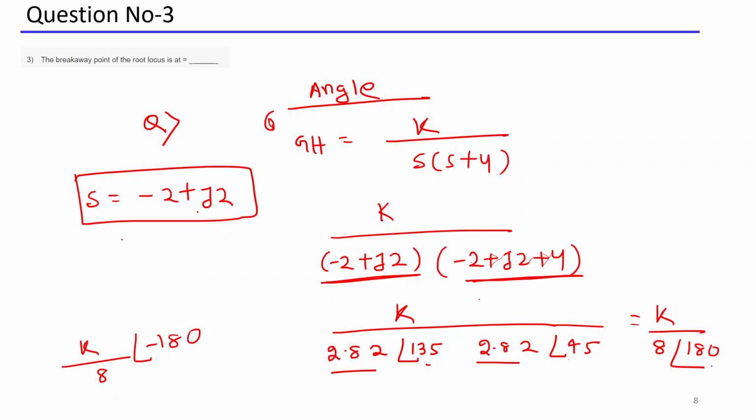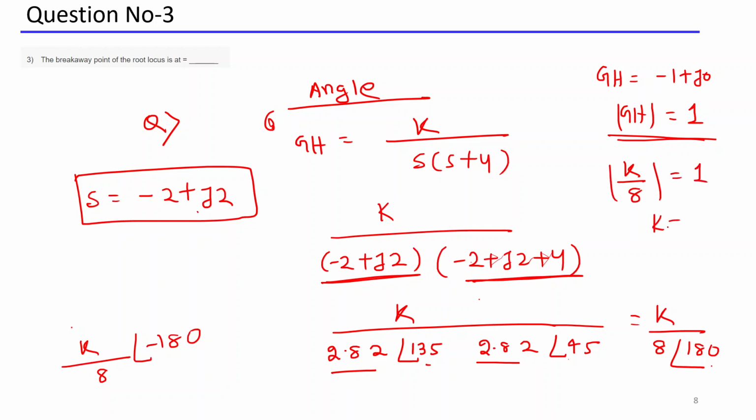Now after that, why is the magnitude condition required? So the magnitude condition is nothing but, I told you, G(s) equal to minus 1 plus j0, and you find the magnitude of this equal to 1. It means, for the magnitude condition, if you equate this transfer function that you found, k divided by 8 into minus 180, what is the magnitude part? k by 8. So if you equate the magnitude part equal to 1, you will get k equal to 8.